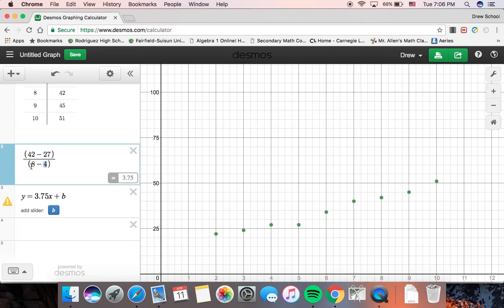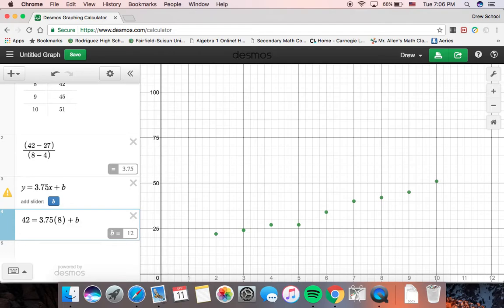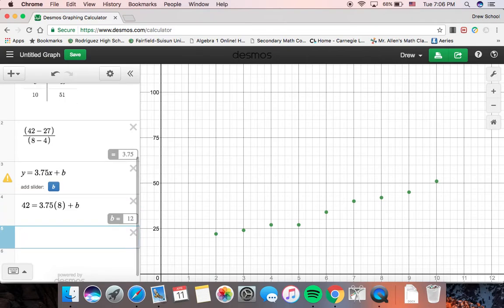It doesn't matter which one, but you have to choose the ordered pair that goes together. So let's choose the first one: 42 equals 3.75 times 8 plus b. And you folks can solve that for b. And if you notice here, Desmos did it for us, we get 12. So our b value equals 12.